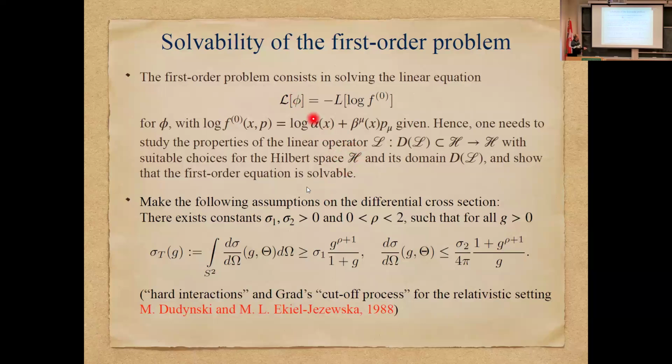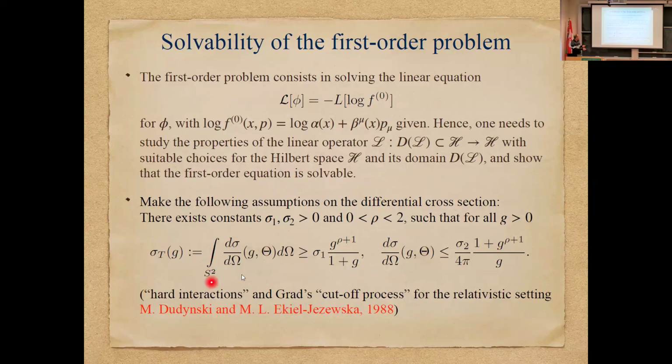Okay, so this has been studied. And here, you need to make some assumptions on the differential cross section. So the assumptions we are going to make are the following ones. So first there is a lower bound on the total cross section.